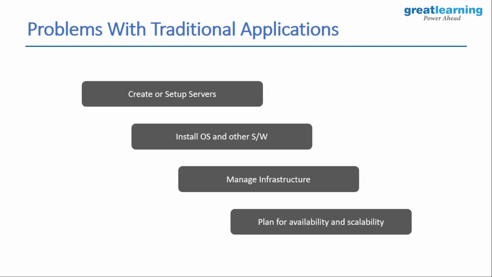Then manage the infrastructure. When you say manage the infrastructure, you'll have to have monitoring services that take care of the log actions, right? Making sure that your code is running in the backend, and that your resources, your virtual machines and operating systems are healthy, right? Taking care of all these things. So you have to manage the infrastructure as well.